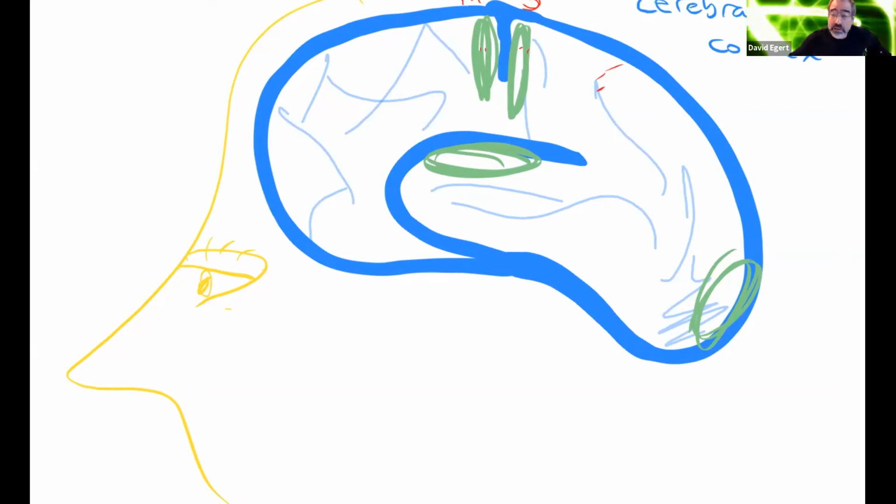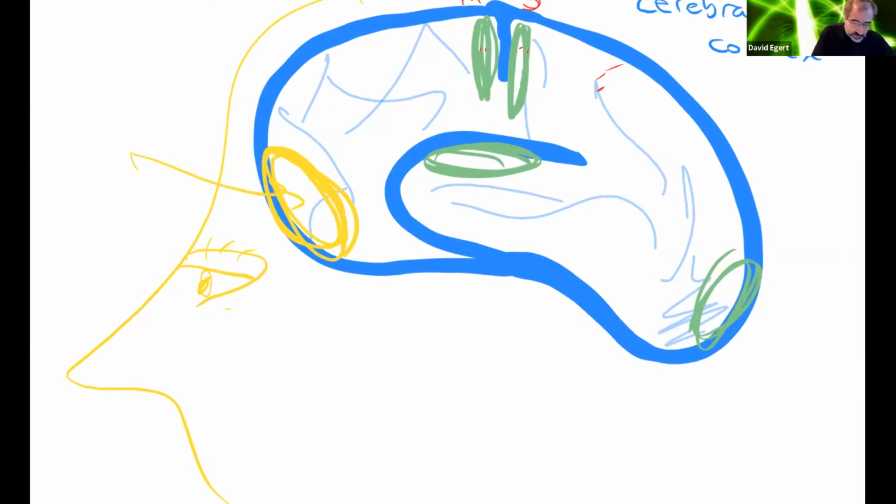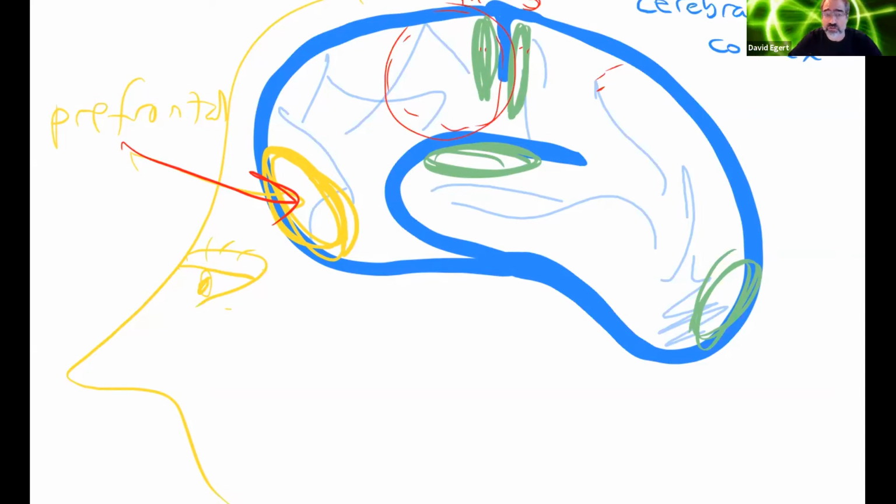So we've been talking about all of these. The other major area that we should mention formally is up here. This is my prefrontal area, prefrontal cortex. All of this is frontal. This motor and motor association areas is frontal, but prefrontal is really the front of the frontal.